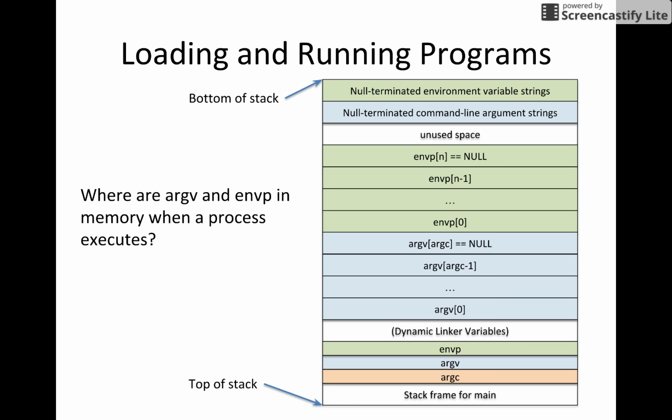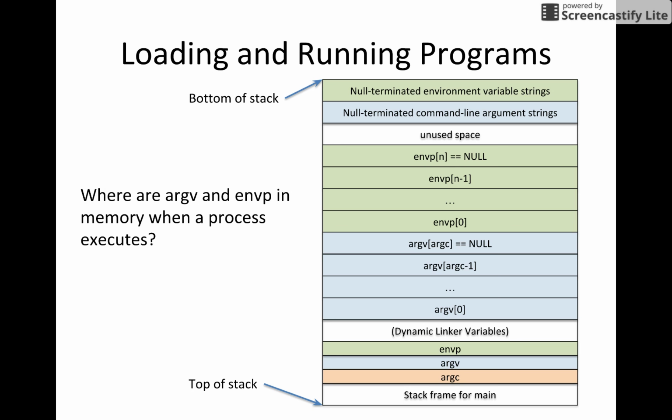And then right after that on the stack, we have the program arguments stored in argv. And the last element in that array, argv, is also null, so that we can know where the end of that array is. After that, we have some other parts helping the program run, dynamic linker variables, which I won't go into detail right now.